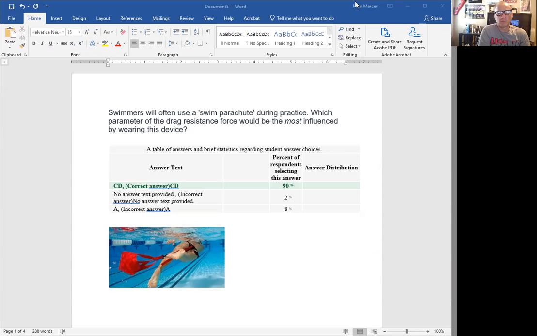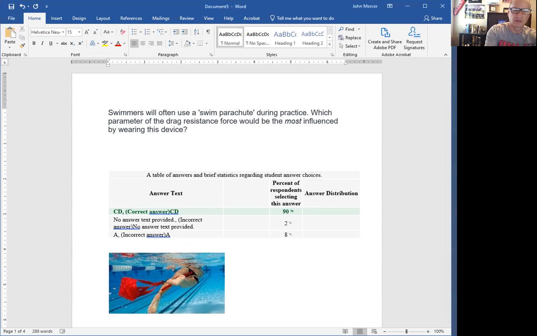I'm looking to make sure that you understand the drag force equation, which is: drag force, F drag, is equal to 1/2 rho CdA V squared. That's our equation for drag force.